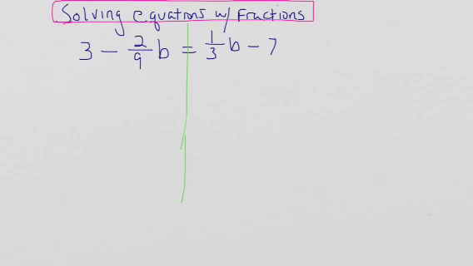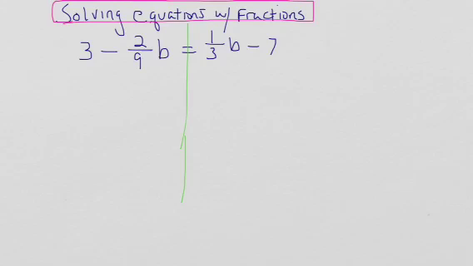When you see that you have fractions, especially more than one fraction, if the fractions bother you and you don't want to add and subtract fractions, the easiest thing to do is to multiply everything by the least common denominator. Okay? And that is the smallest number that both denominators will divide into evenly.